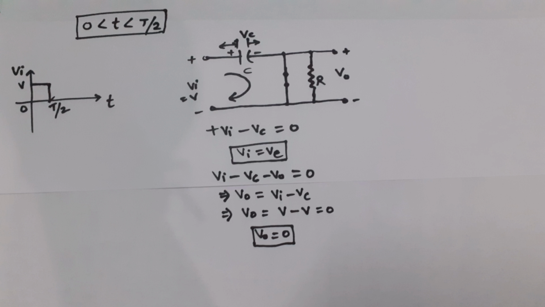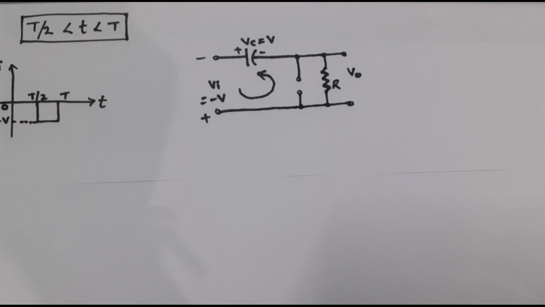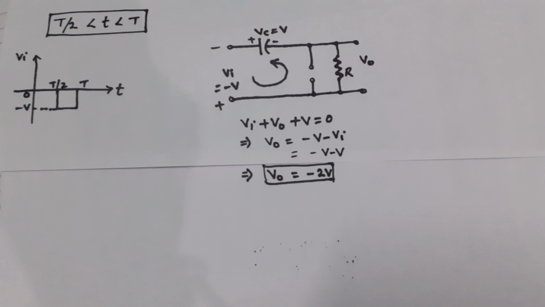Now we solve for the second cycle, that is the negative cycle of the input signal. So the negative polarity is provided to the capacitor, and remember we have the condition that the capacitor should not be discharged in this situation. So the capacitor stays charged, and now we apply KVL in the equivalent circuit, and we have Vi plus V0 plus V equal to 0, as we go in the anti-clockwise direction, in the direction of current.